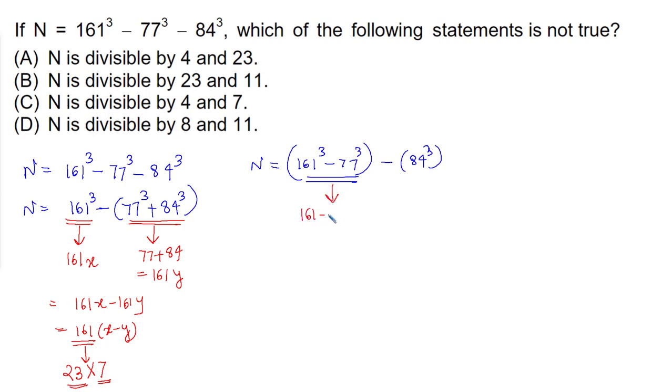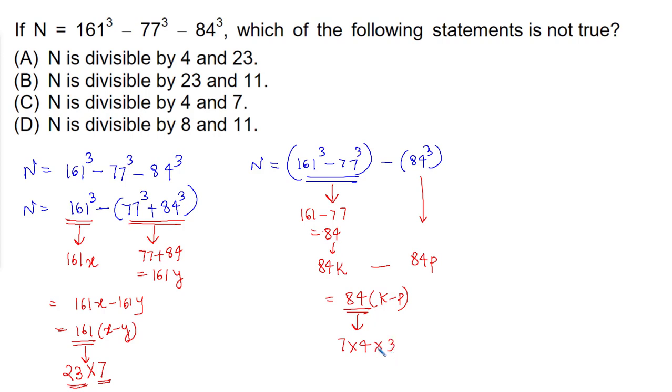That is 161 minus 77 is equal to how much? 84. So the first part is a multiple of 84, and this is also a multiple of 84. A multiple of 84 minus a multiple of 84 is also a multiple of 84. So if this is a multiple of 84, then this is divisible by 7, this is divisible by 4, this is divisible by 3.